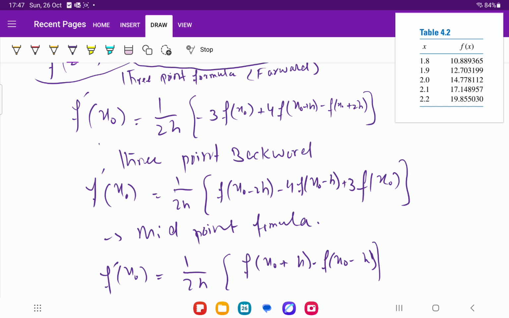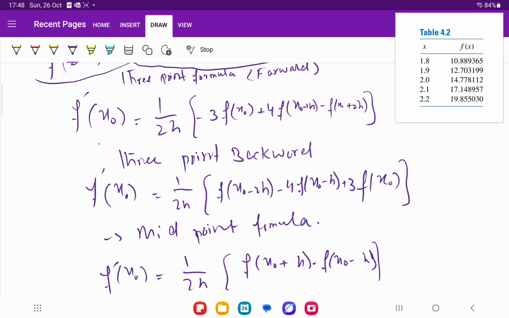Not possible, because you don't have x naught minus 2h. You don't have any previous value before 1.8, and you don't have x naught minus h. So if you wanted to apply the backward formula for f of 1.8, which is the starting number, you cannot apply the backward.